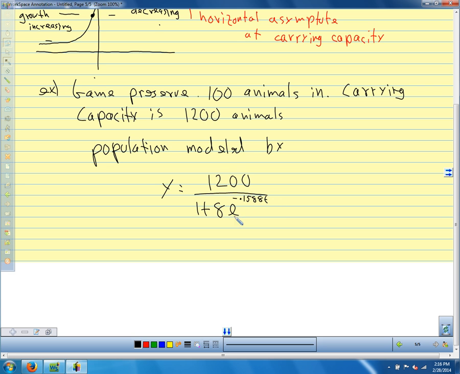So we didn't have to figure this out. They figured it out for us, and they told us this is the function that's going to model the population. Our question is how long to reach half the carrying capacity?